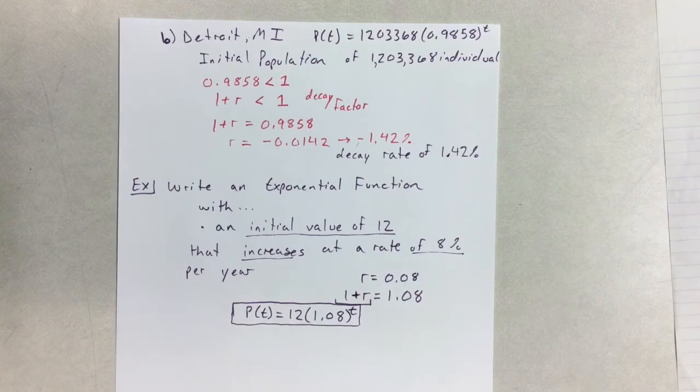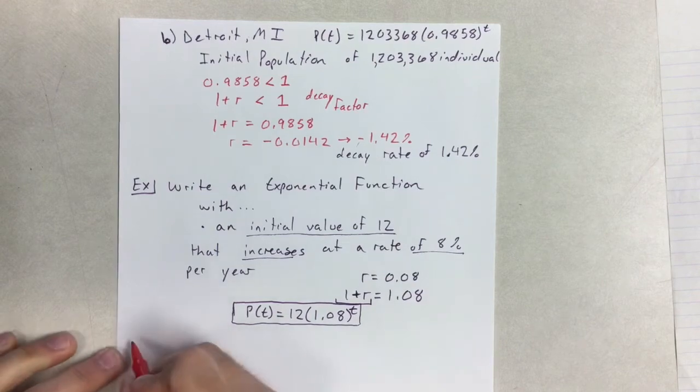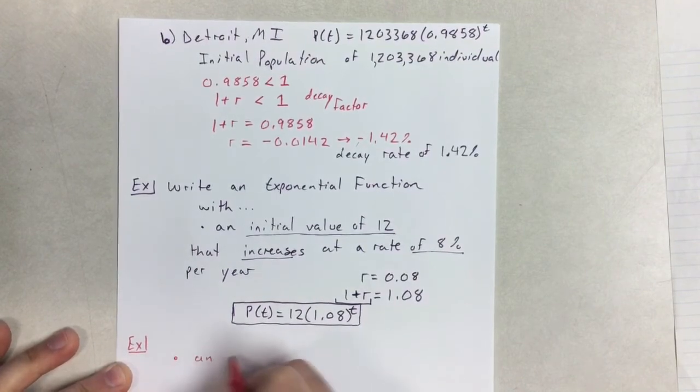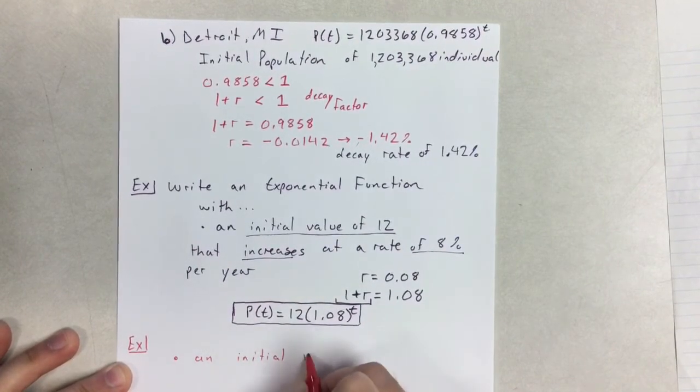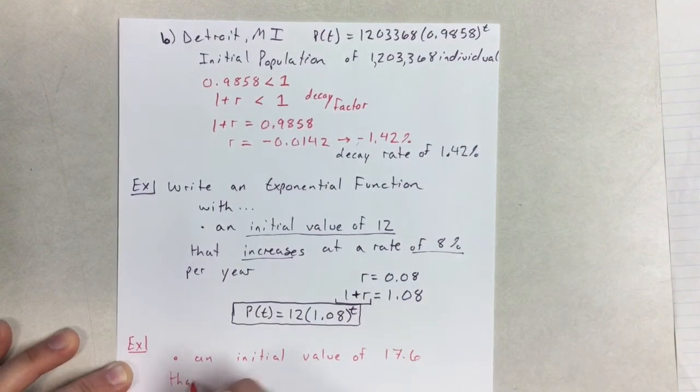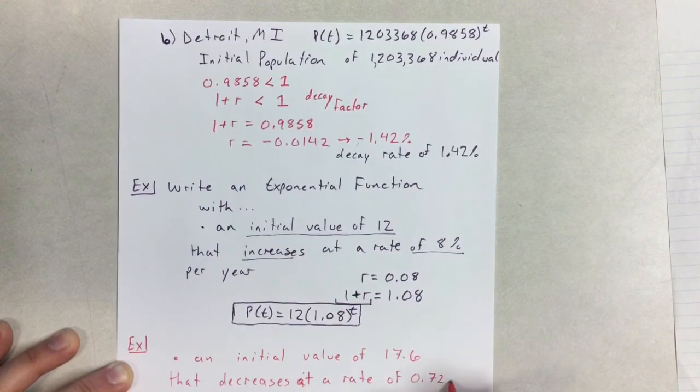So before we transition to the next part of the video, which focuses on more applications, I would like for you to write the function with this given information. An initial value of 17.6 that decreases at a rate of 0.72% per year.